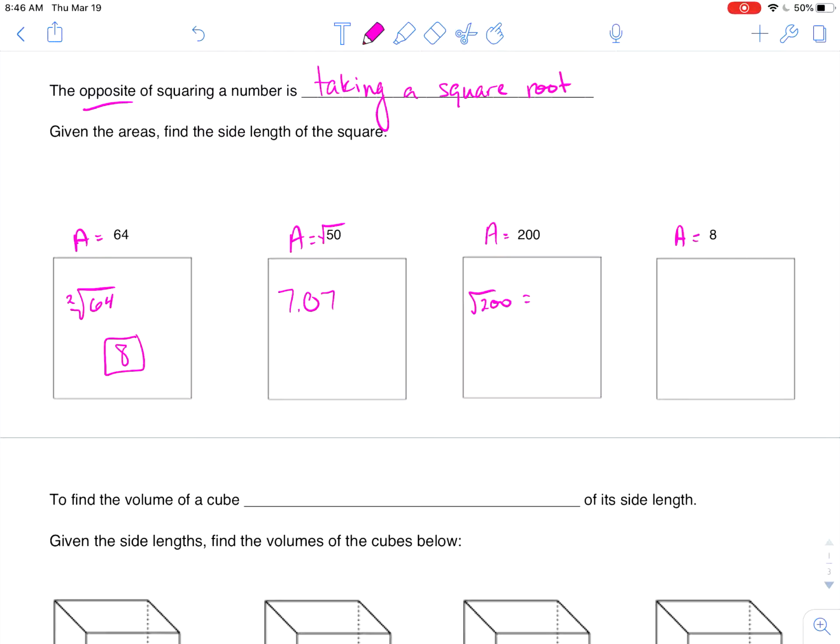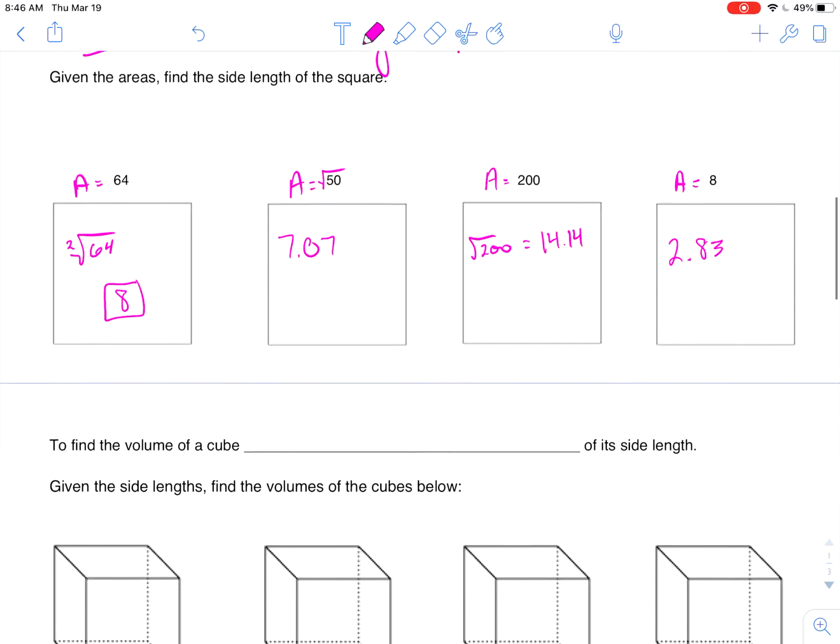So square root of 200 equals 14.142, and we'll round to 2 decimal places, 2 rounds down. And now the square root of 8 is 2.828, and 8 is going to round up. So not 2.82, but we'll have 2.83.